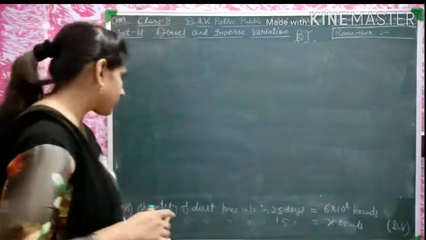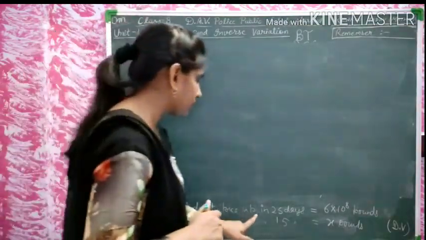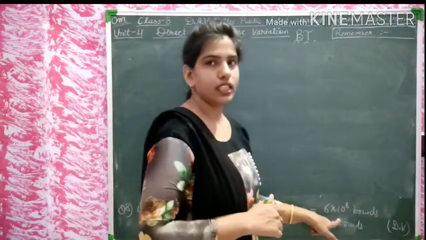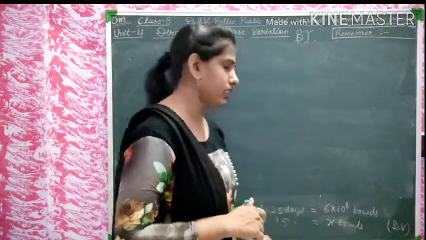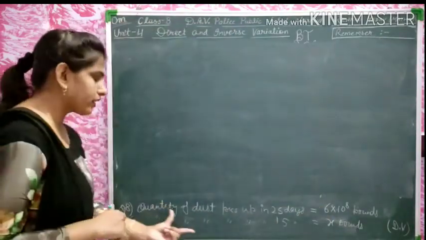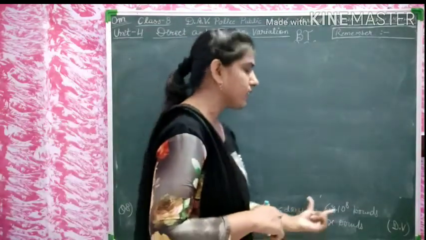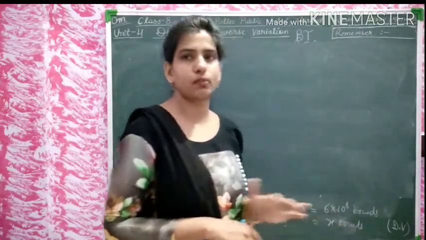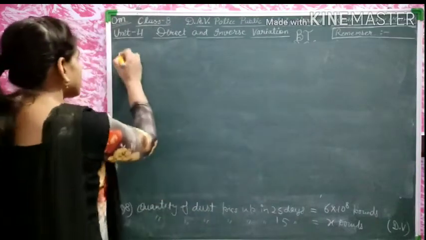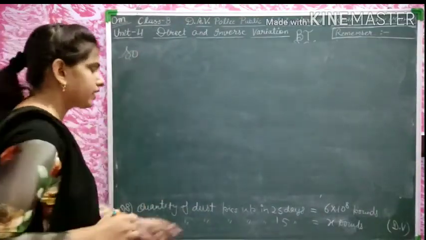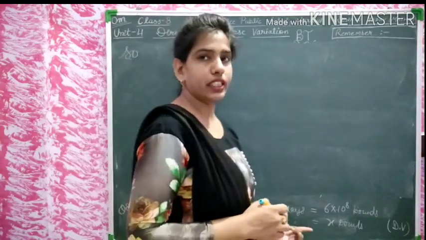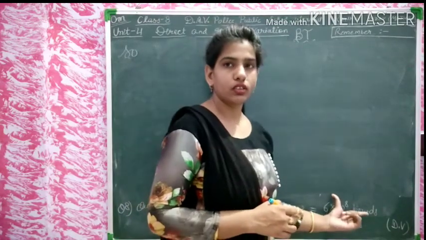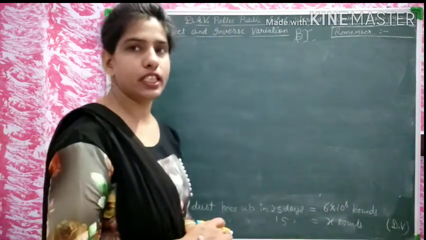So students, the quantity of dust picked up in 25 days is given, that is 6 into 10 to the power 8 pounds. And the quantity of dust picked up in 15 days we have to calculate, that is x pounds. So students, you are seeing here that the number of days is increasing, the quantity of dust is increasing here.